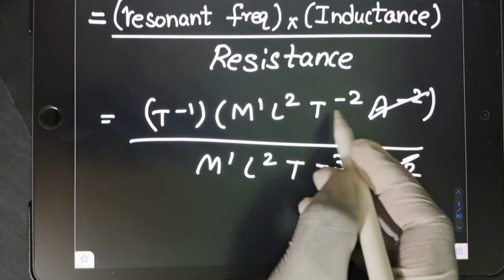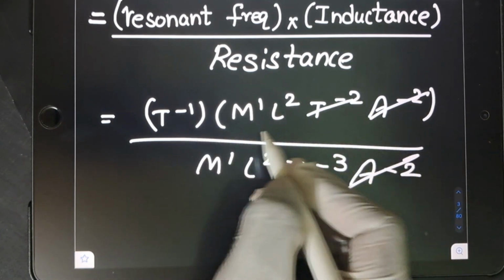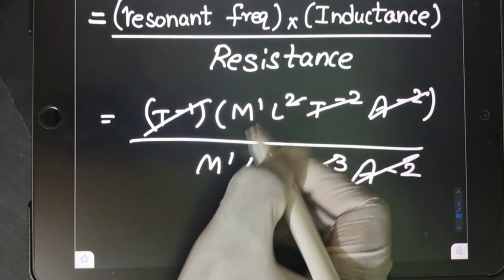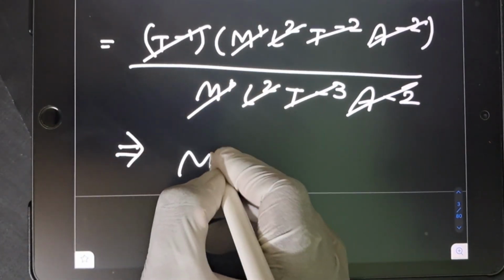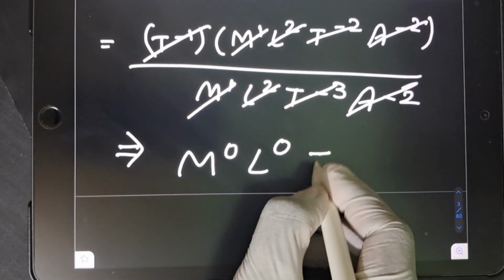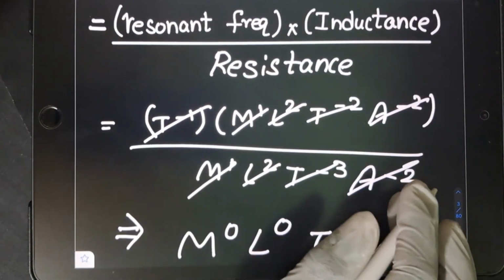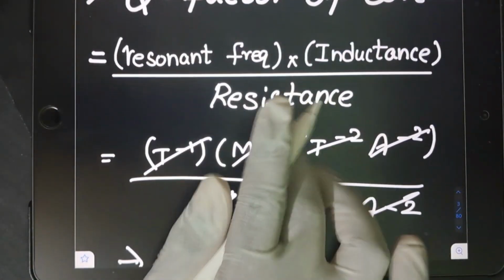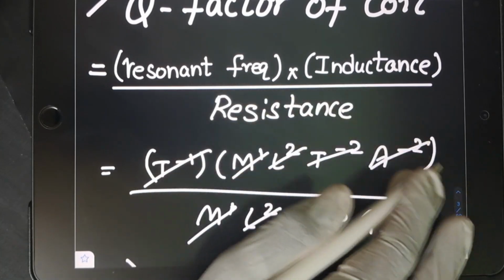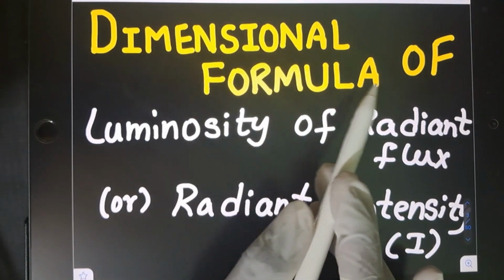On cancellation of current, mass as well as length, we get M power 0, L power 0, T power 0. It is dimensionless. The quality factor dimensional formula is M power 0, L power 0, T power 0. There are no dimensions.